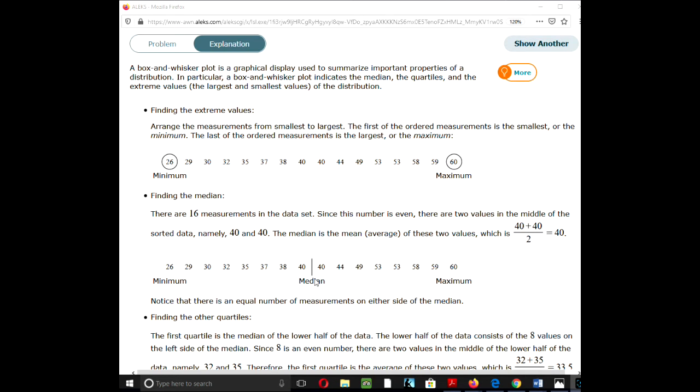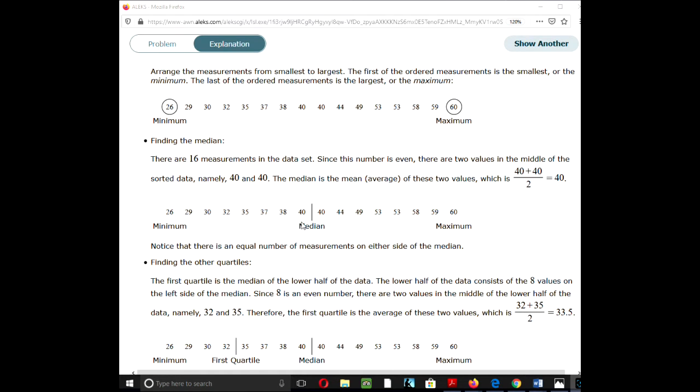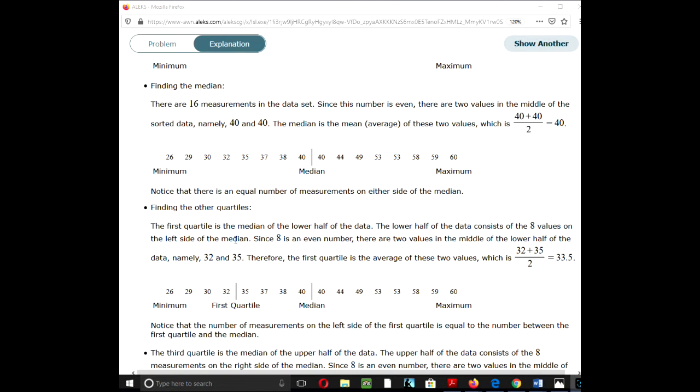The next thing you have to do is figure out the lower quartile numbers and the numbers on the higher end. The lower end are the numbers listed here between 26 and 40. Those are the numbers in the lower half, and we have to find the first quartile there, or the middle number.